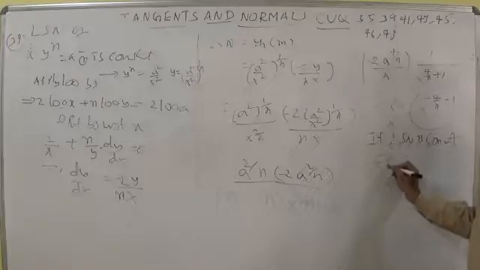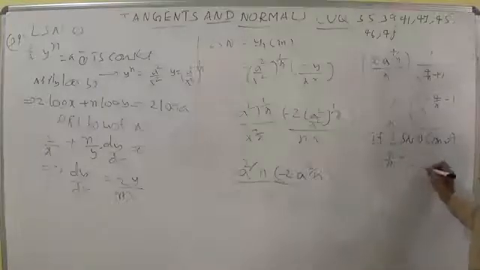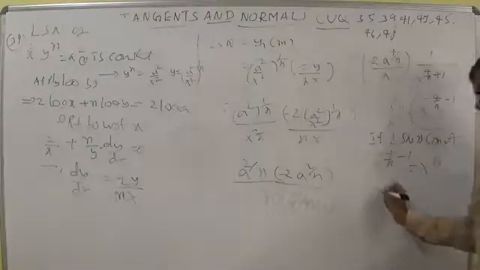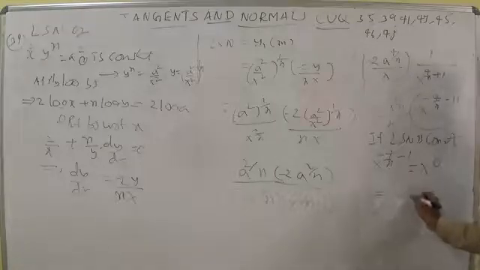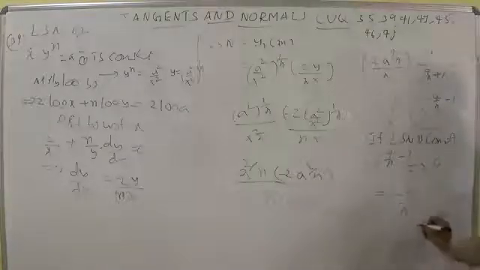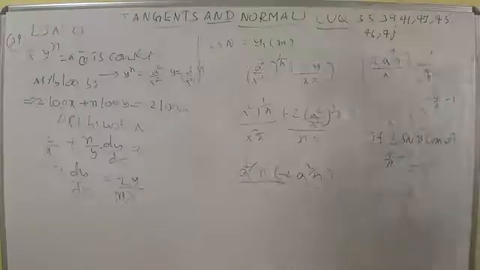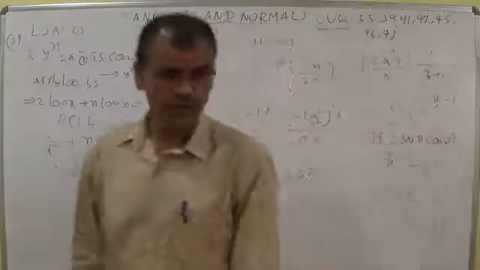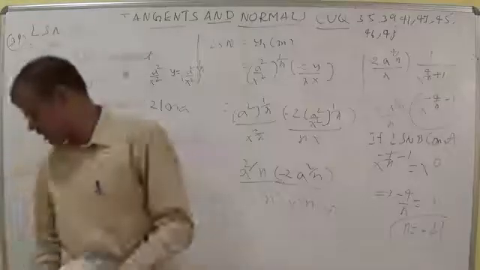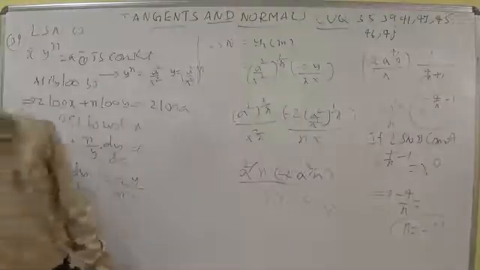So x power minus 4 by n minus 1 equal to x power 0. That implies minus 4 by n is equal to 1. You can write using this one as n is equal to minus 4. So we have the value n is equal to minus 4.